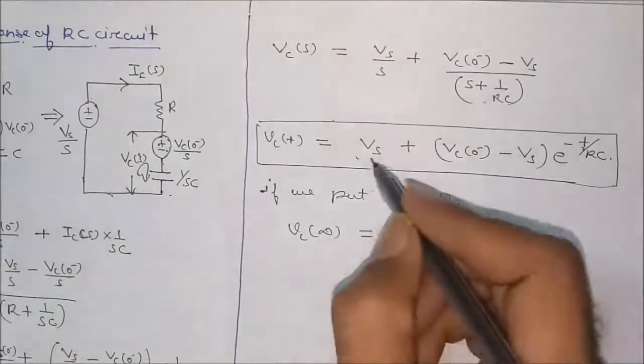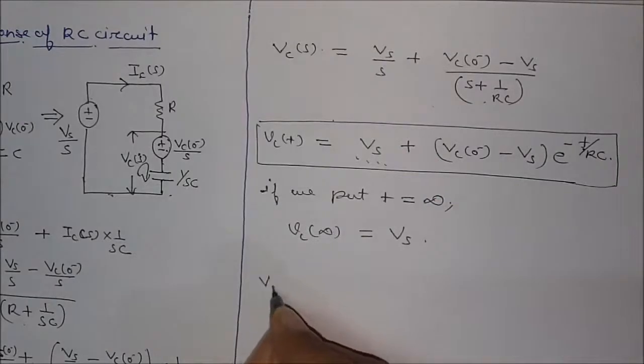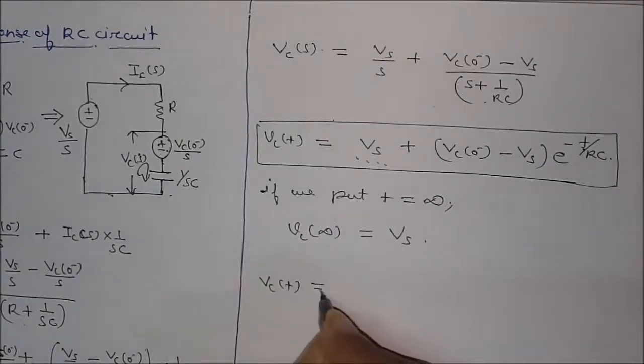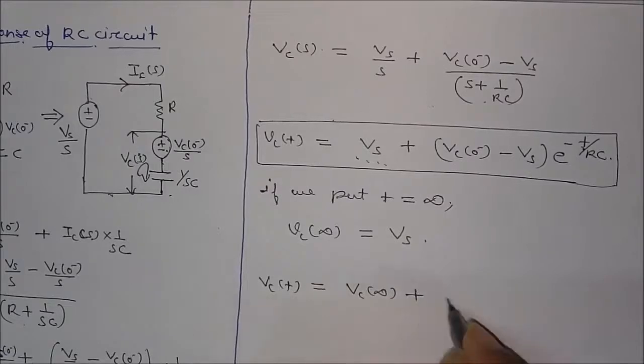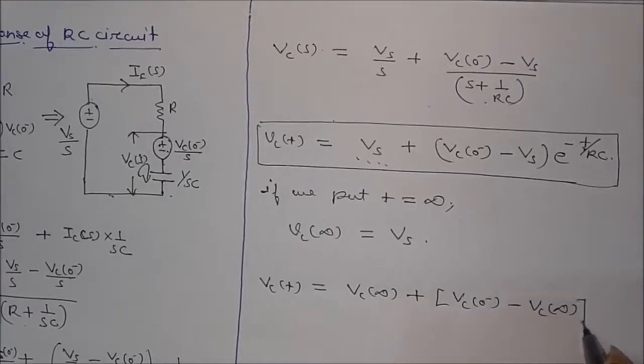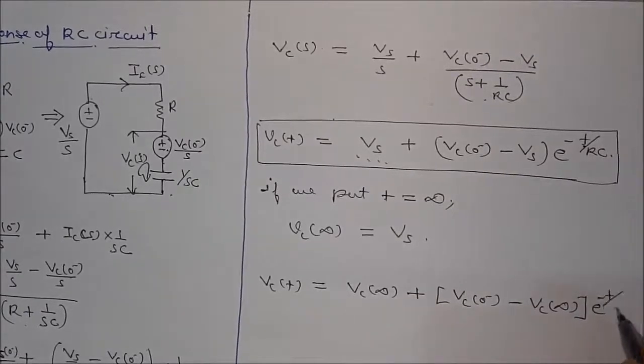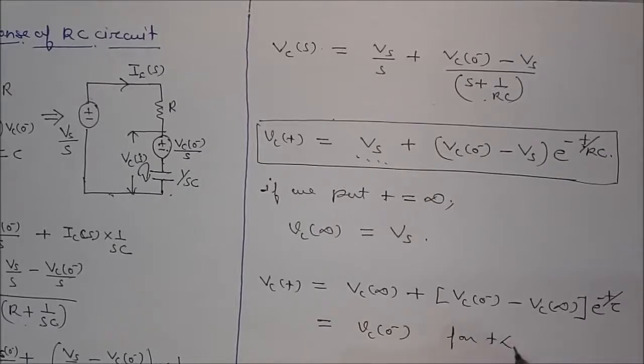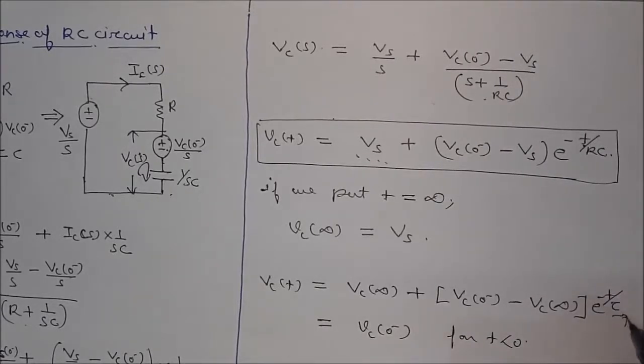So can I write this expression in this manner? Vc(t) is equal to Vc(infinity) plus Vc0 minus Vc(infinity), e to the power minus t by tau, which is equal to Vc0 minus for t less than 0, and this one is for t greater than 0.